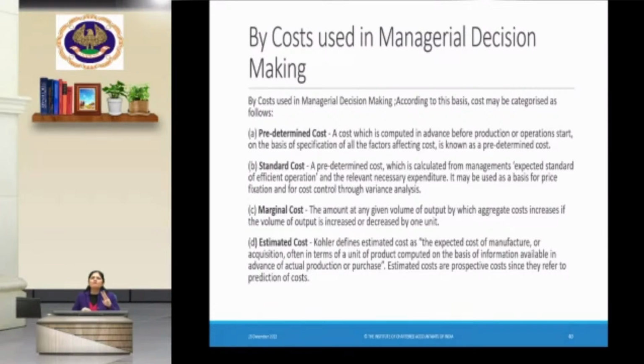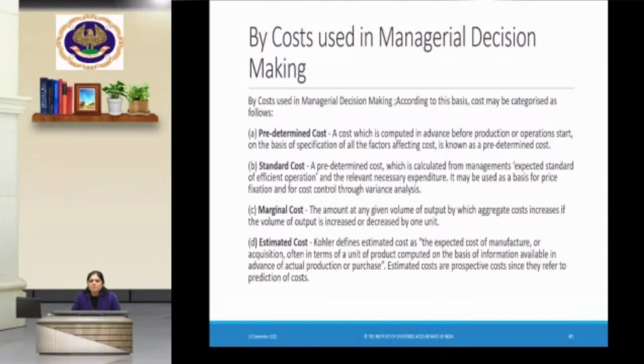Let us say I have 3 predetermined costs, rupees 500, rupees 450, rupees 400. Management wants the predetermined cost of 400 to be kept as a standard. So a predetermined cost becomes the standard cost depending upon what the management's expected standards or policies are. So standard cost is basically the finalization of predetermined cost.